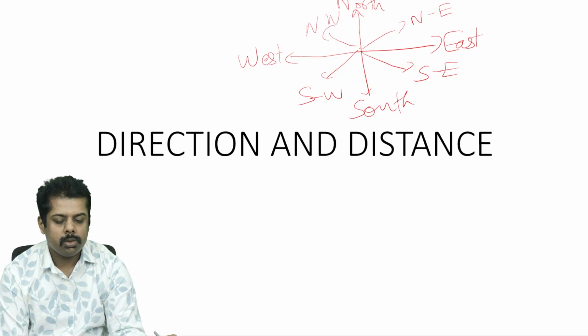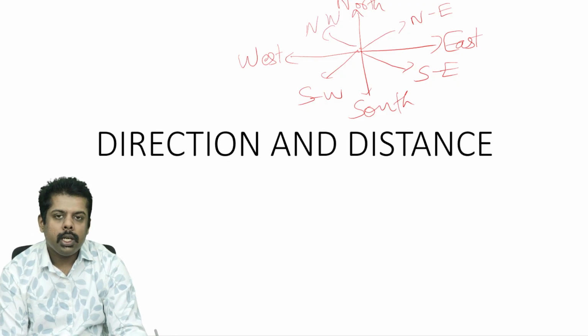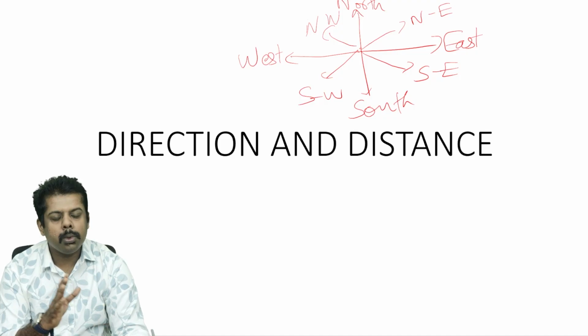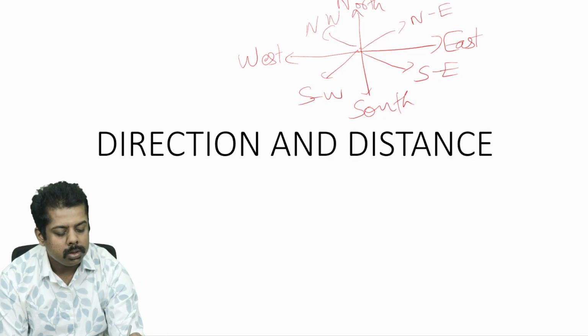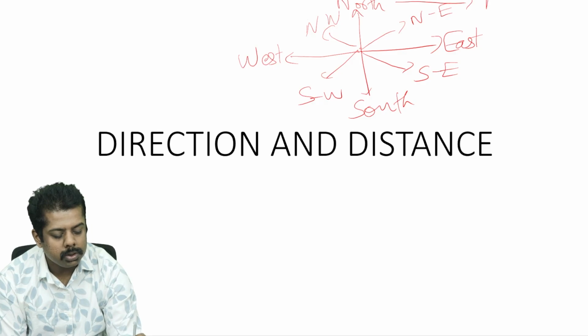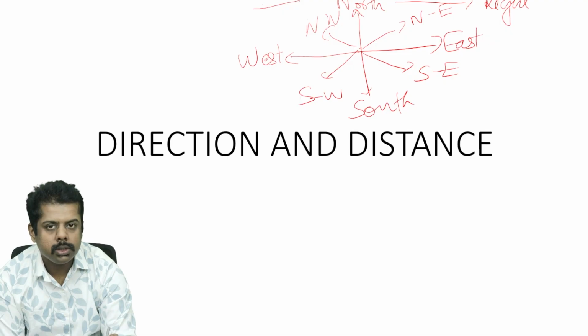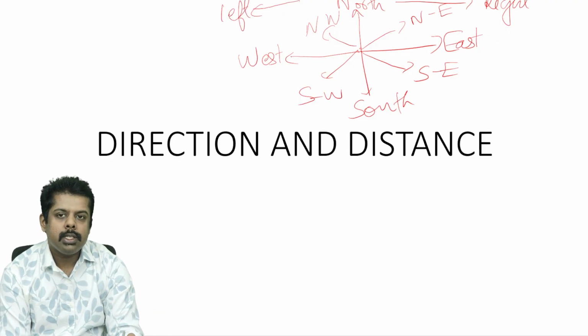Northwest. The other thing you have to remember is the right hand. When moving to the north, that is easy: right is towards east and left is towards west. Facing south, right and left are directly opposite.